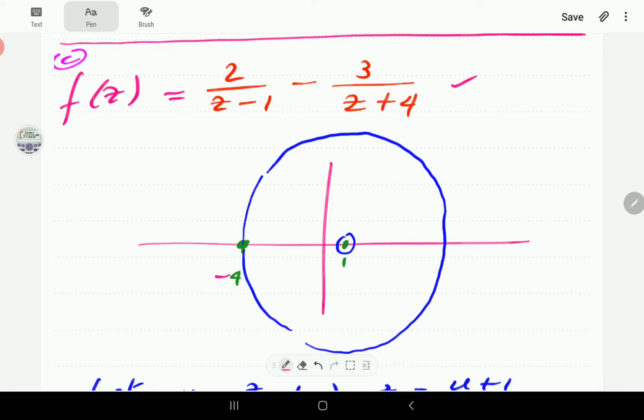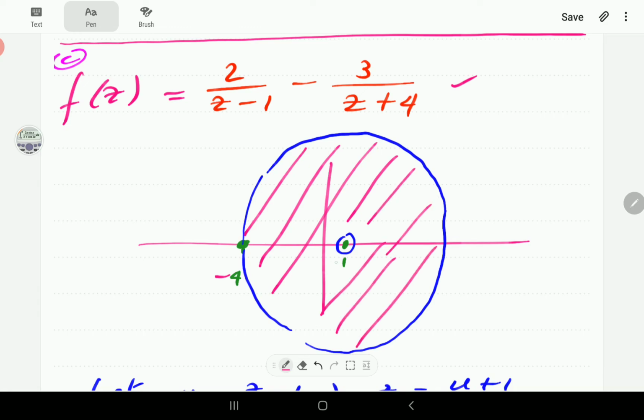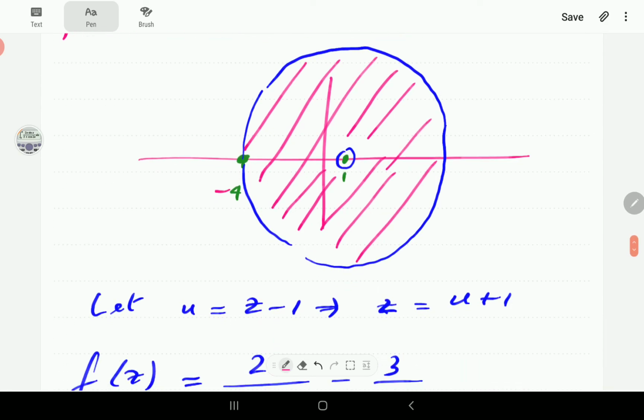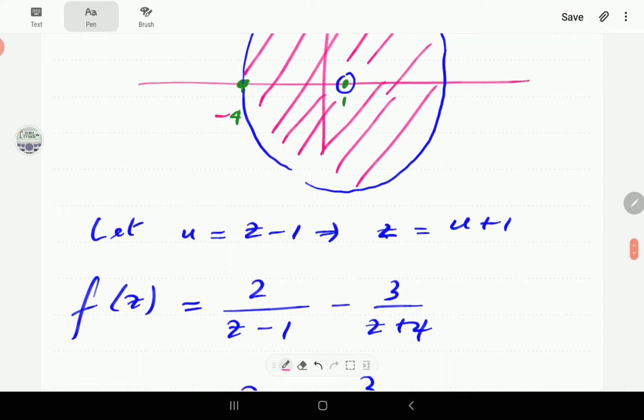So in the first instance we're looking for a Laurent series that's going to be convergent in this region, which is inside the circle here of radius 5, but excluding the singular point at the center. So this is centered at a singular point 1, and it's got a radius of 5.